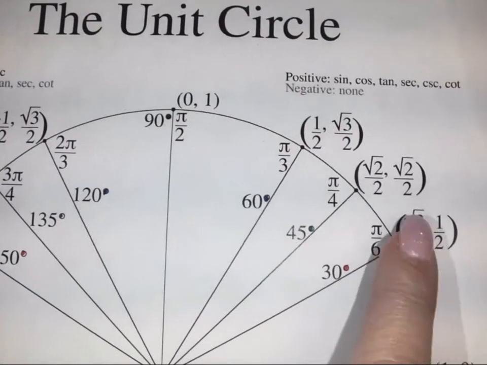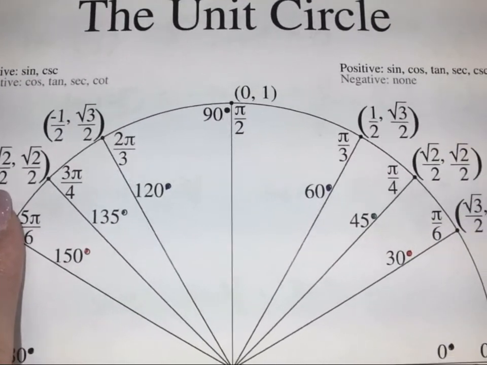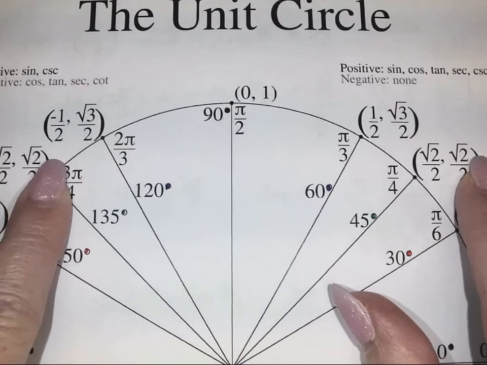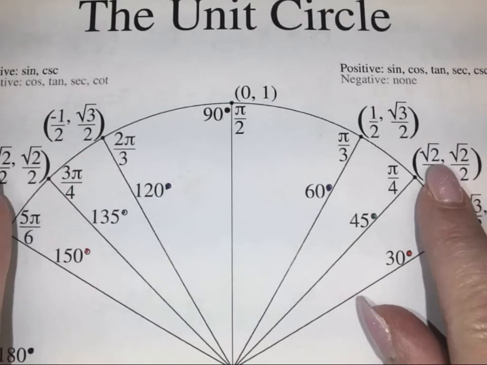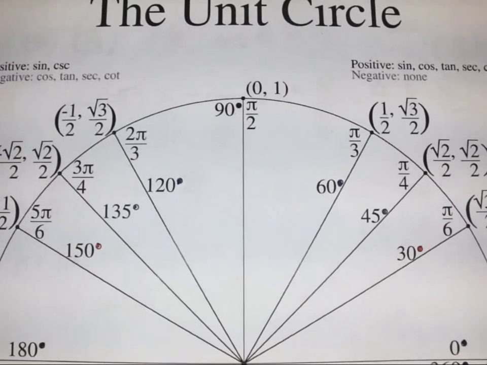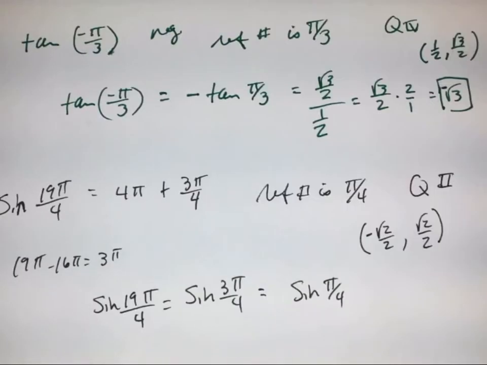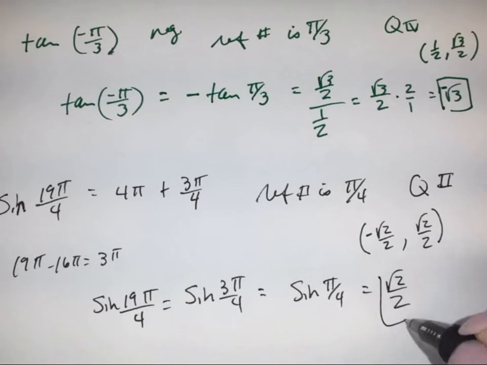If we look at this, pi over 4 and 3 pi over 4, you're like, but they're not exactly the same, but the sine values are the y values, and they are equal. If we were doing cosine, it would be the negative of it. But because we're doing sine, they're exactly the same, so it is equal to the sine of pi over 4. And the sine of pi over 4 would be the square root of 2 over 2.